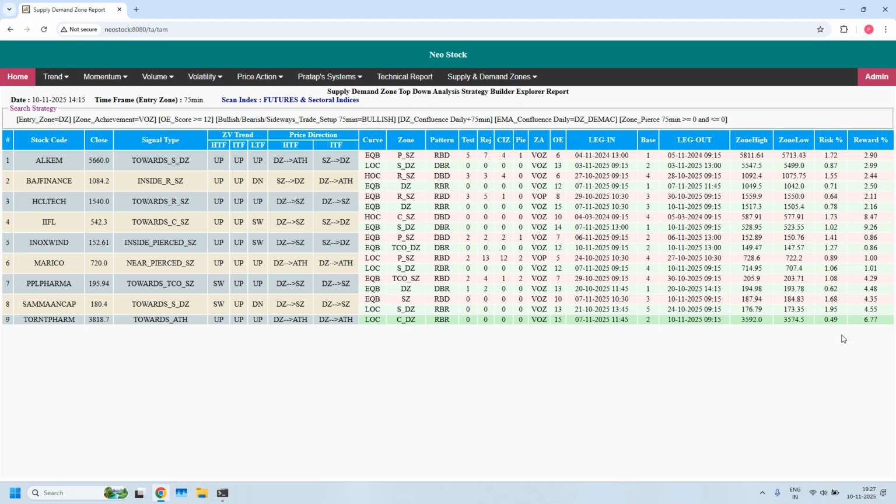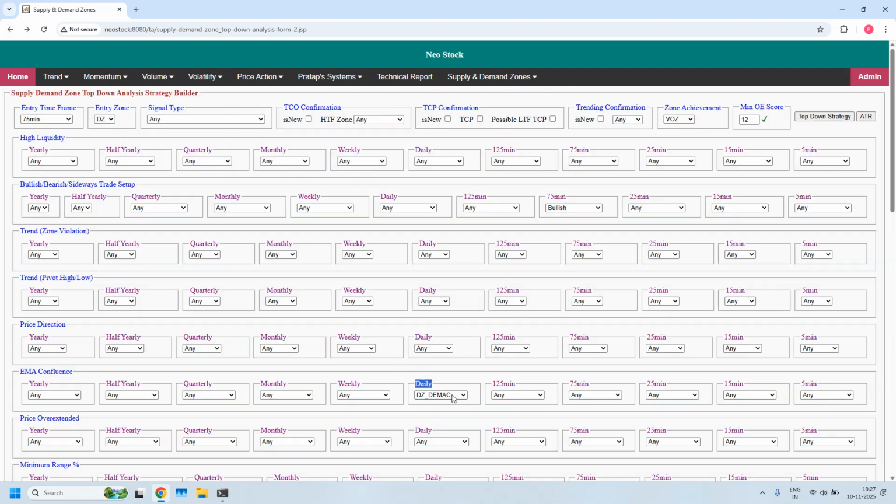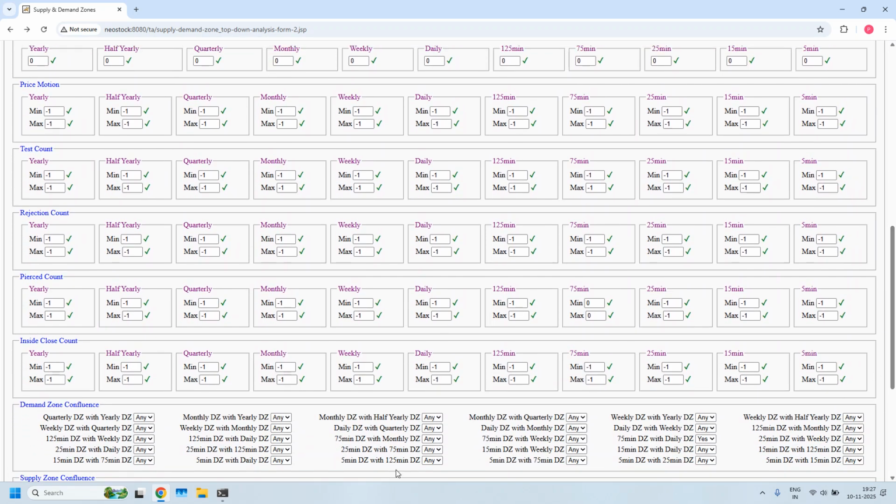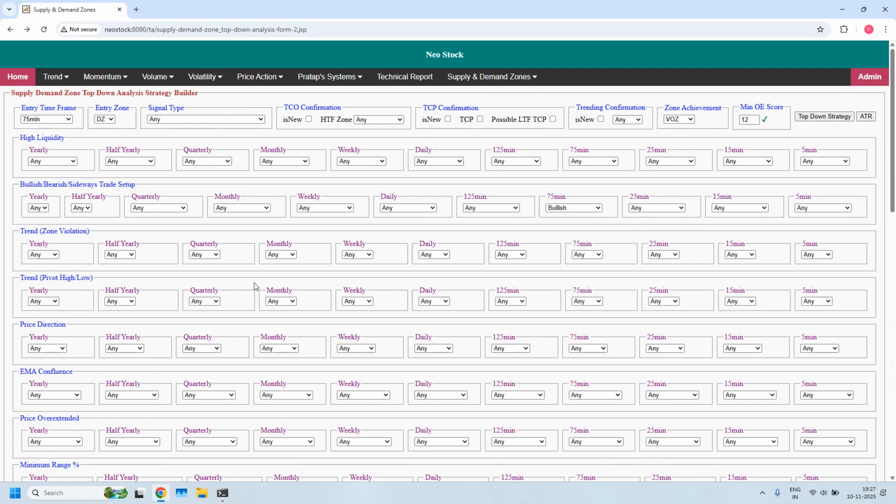Next high probability zones based on the second strategy I am filtering. 3 filters I have to set. Weekly demand zone with weekly EMA.